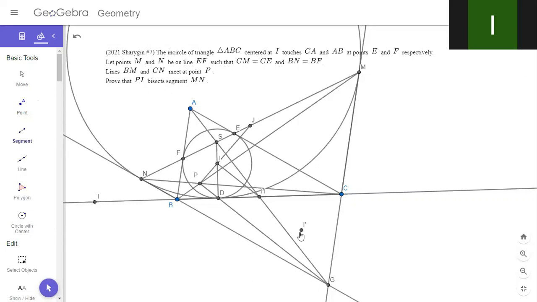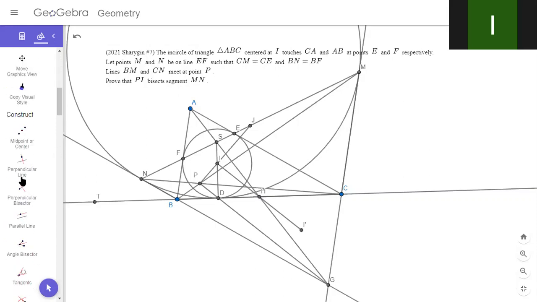I prime is the in-center. Project something through I, maybe. Yeah, I was thinking of projecting M, N, and J through I. No. Let me try something.